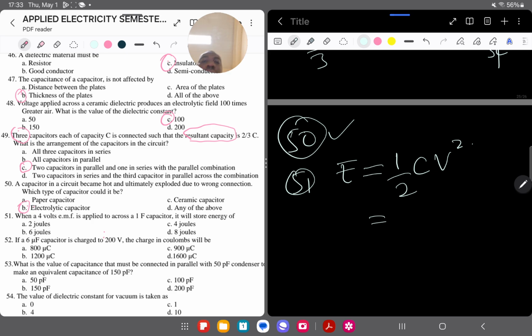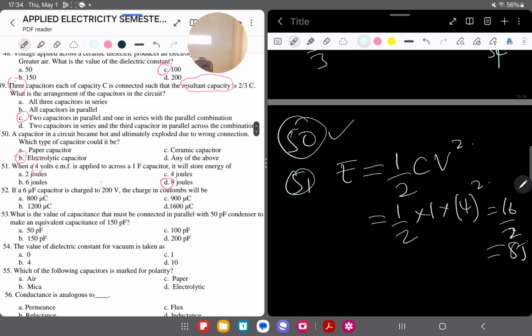Now you just need to replace the values. The capacitance is given as 1 farad, so that is times 1, and the voltage is given as 4 volts, but remember it's voltage squared, so this is going to be 16 over 2, which is 8 joules. So the answer here will be D.